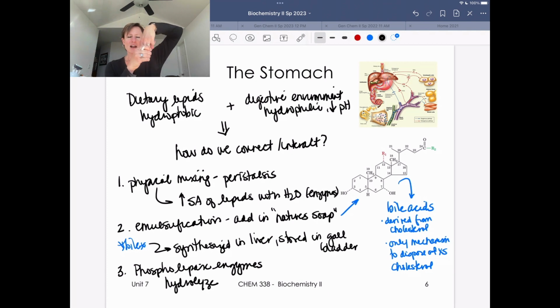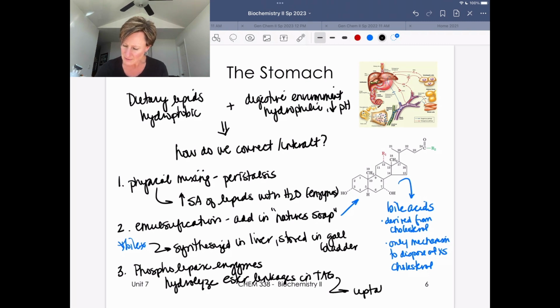We're going to hydrolyze those ester linkages, and we're going to prepare them in their monomeric form that can be taken up in the small intestine. So we're going to hydrolyze these ester linkages in our triglycerides, and that's important because this is necessary for their uptake from the small intestine.